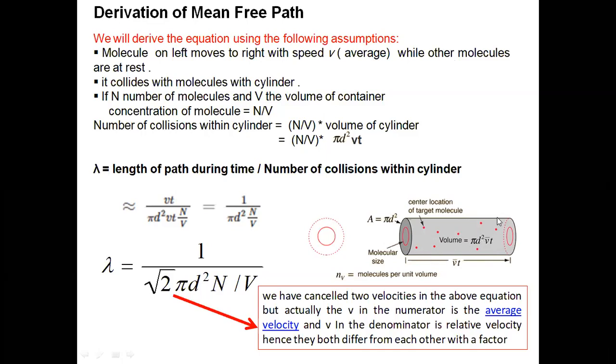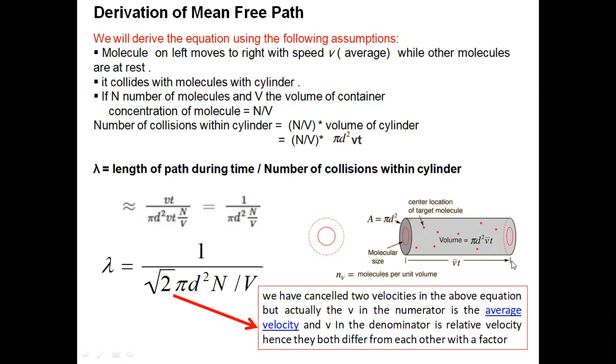If N is the number of molecules and V the volume of the container, the concentration of molecules is equal to N over V. The number of collisions with the cylinder is given by the concentration of molecules, N over V, multiplied by the volume of the cylinder. And what is the volume of the cylinder? It is pi d squared, multiplied by v average times t, and v t is the distance.